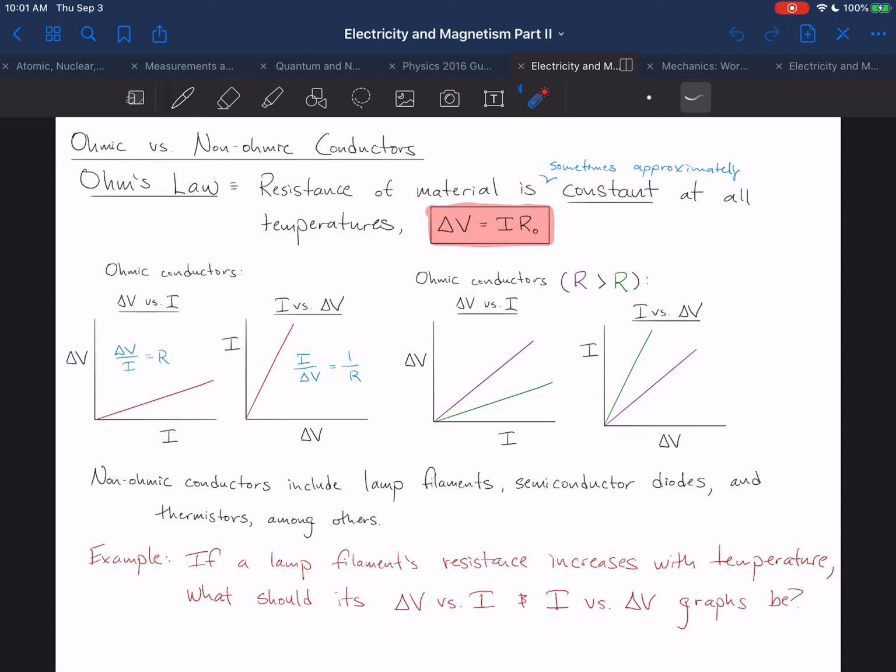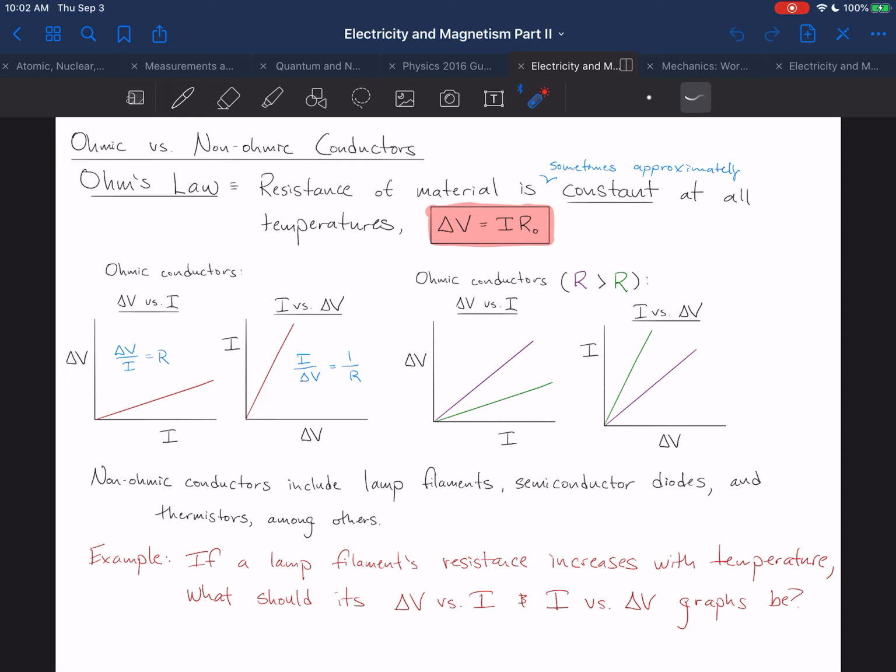All right. So let's take a look at a number of graphs for ohmic conductors that illustrate the differences between what's going on. The first is that delta V versus I graph. So if the potential difference is graphed on the vertical axis versus the current on the horizontal axis, then the value of any of these points, delta V divided by I, will be equal to the resistance.